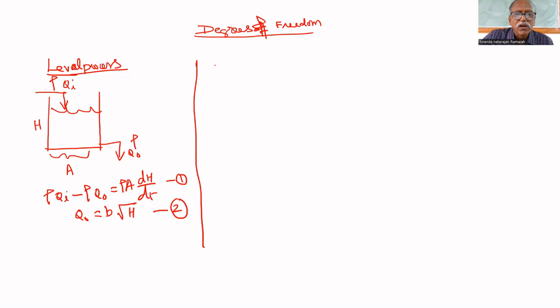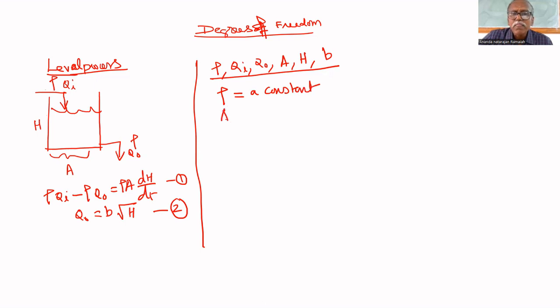What are the variables involved? Rho, Qi, Q naught, A, H, B. Out of which, rho is a constant, A is a constant, B is also a constant.